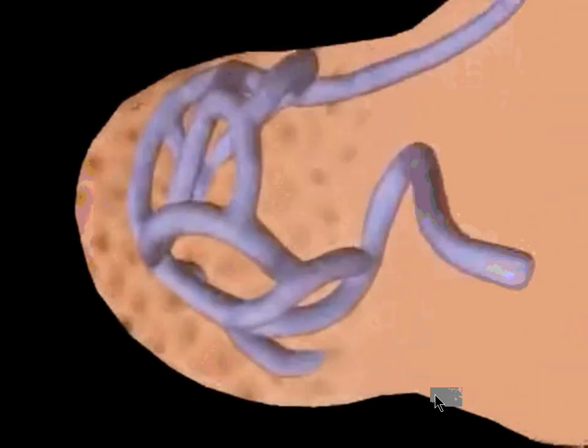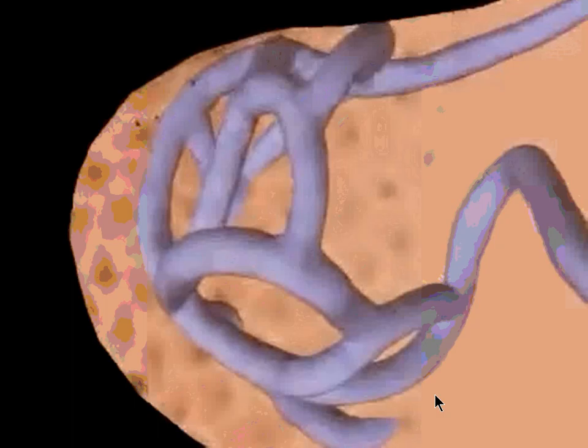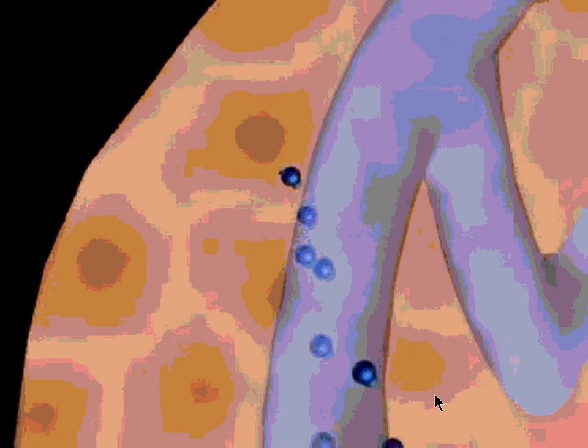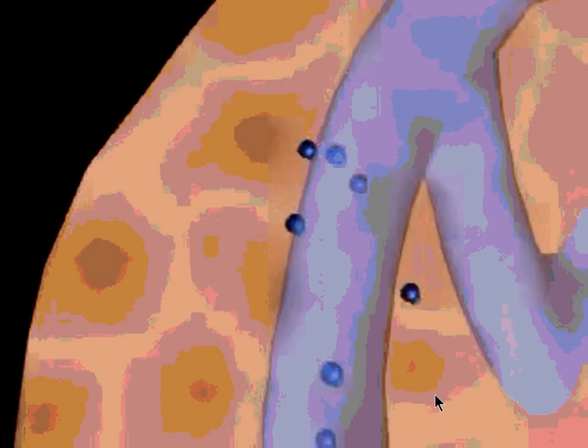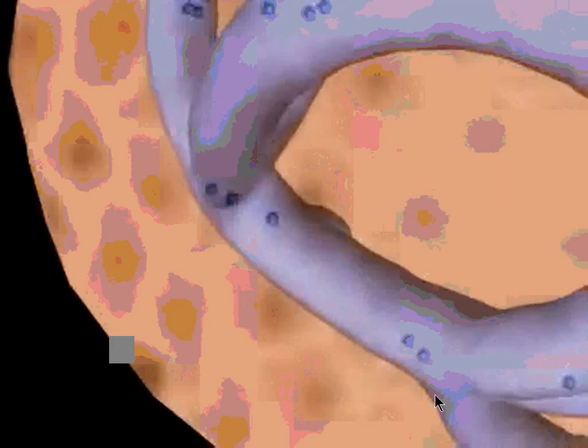TRH is secreted into the hypothalamo-hypophyseal portal vessels and carried into the anterior lobe of the pituitary gland, where it stimulates cells that make thyroid-stimulating hormone, TSH. TRH stimulates the release of TSH from the anterior lobe of the pituitary.